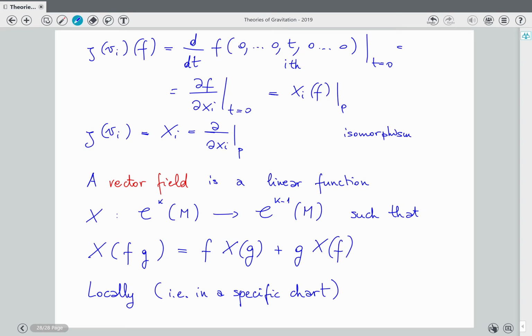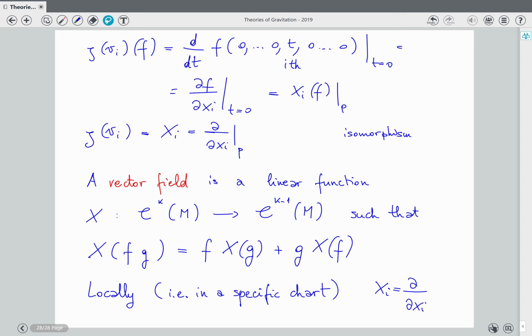And instead of being on a single point, it's on the entire open set. So locally, we can have the basis d over dxi without restricting it to the point P, because it's on all points of an open set.